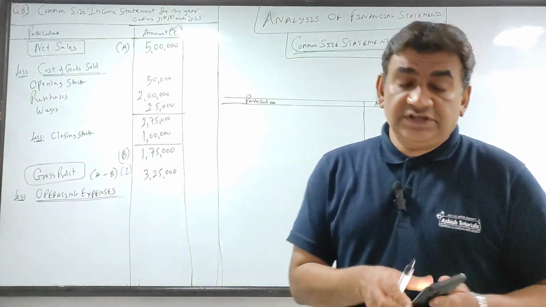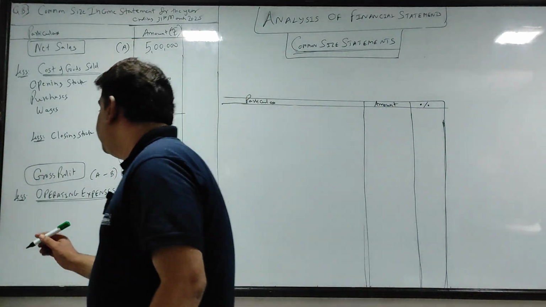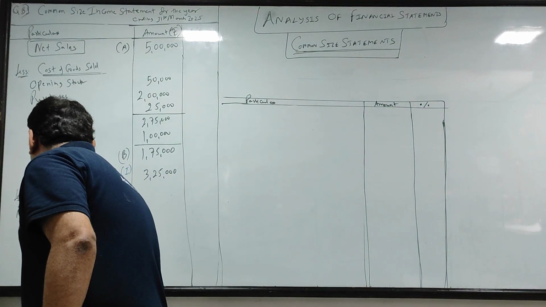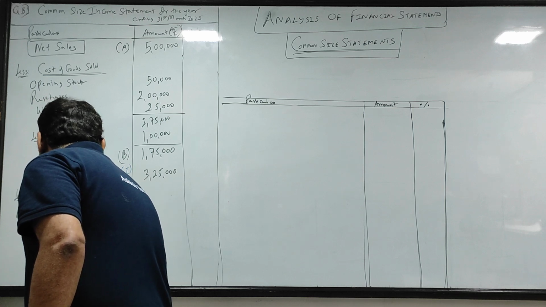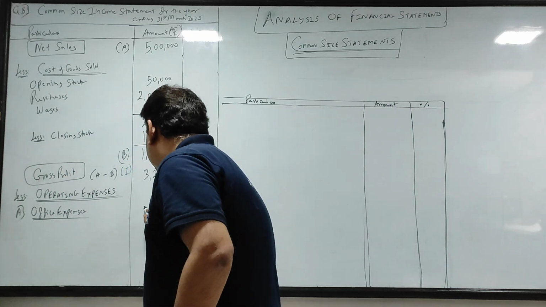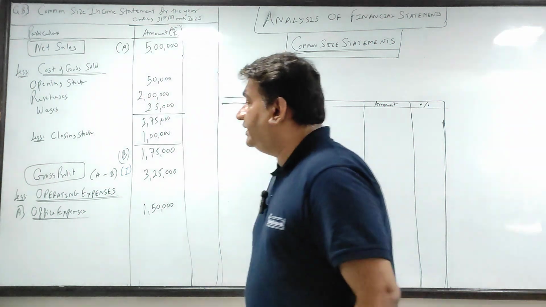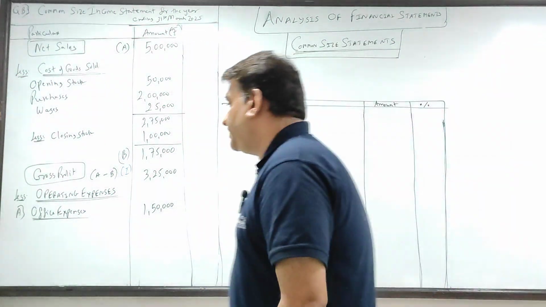First, office or admin. Look at what is given, office expenses are given there. So write it. A, office expenses, direct amount is given. So write there 1,50,000.